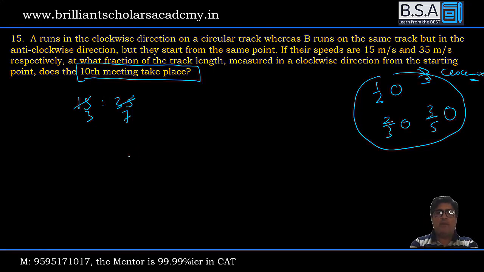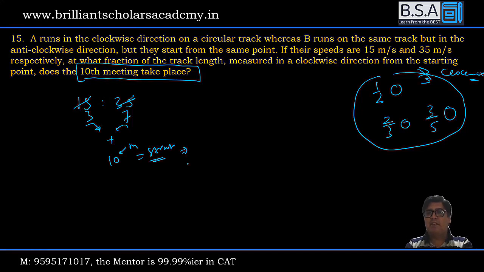A goes clockwise, B goes anti-clockwise. Total meeting points are 10. And the 10th meeting point is at the starting point. So you cannot find the distance from the 10th meeting point and starting point. It is the starting point. So the fractional length is 0. They meet at the starting point.